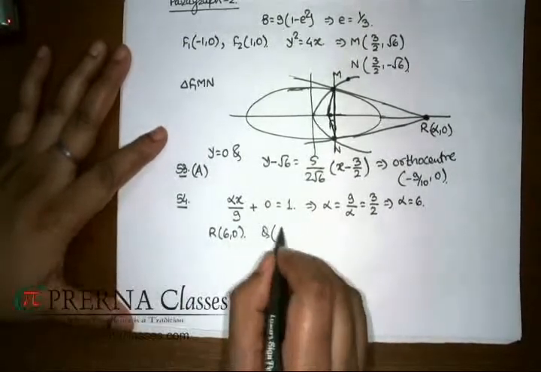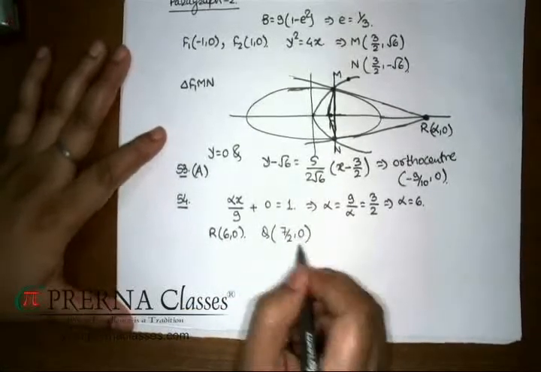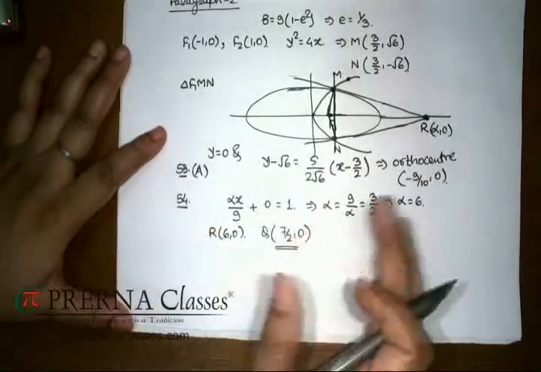Once you know the coordinate of Q as (7/2, 0), just you have to make sure in the equation of normal y is 0, you will have this coordinate.